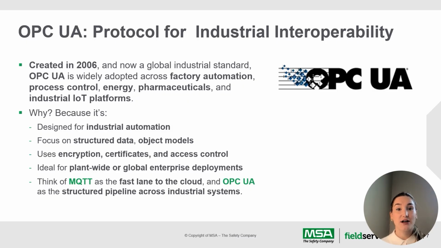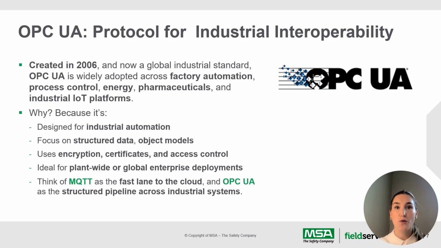Today, it's not just another protocol, it's become a global industrial standard, adopted across factory automation, process control, power and energy, pharmaceutical manufacturing, and increasingly industrial IoT platforms. Why has it gained so much traction? Because OPC UA isn't just about moving data. It's about moving structured, meaningful, secure data in a way that machines and systems can actually understand and trust.